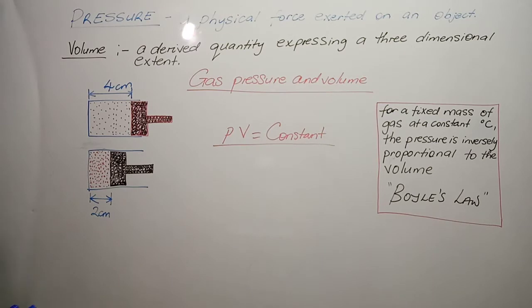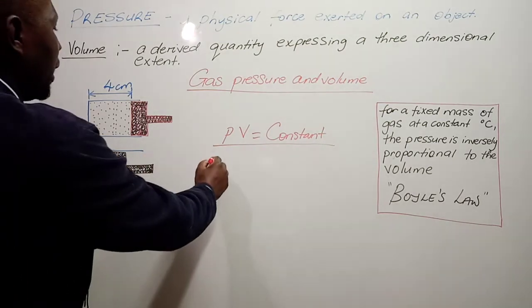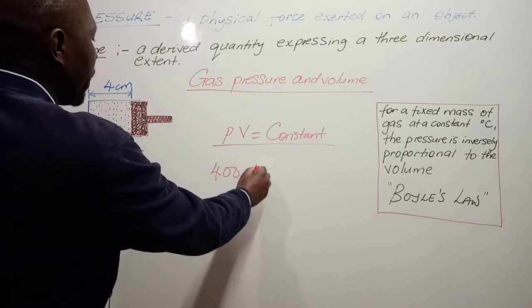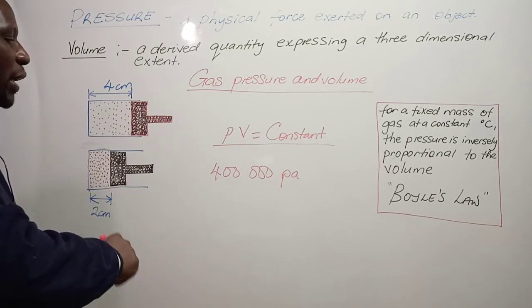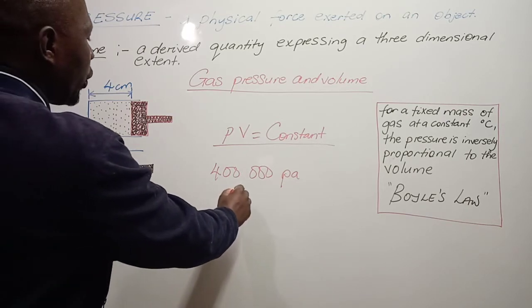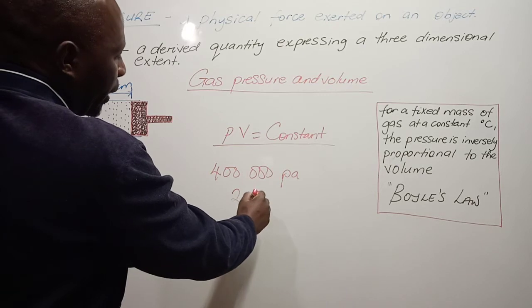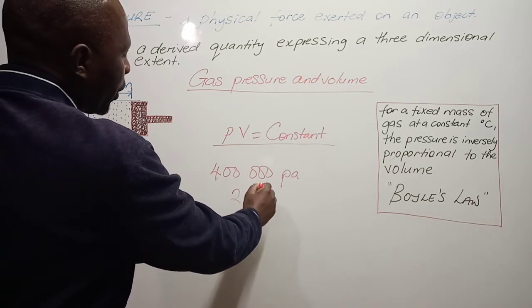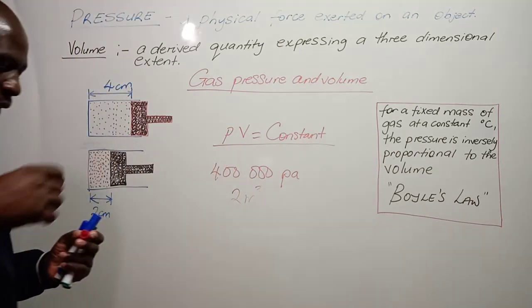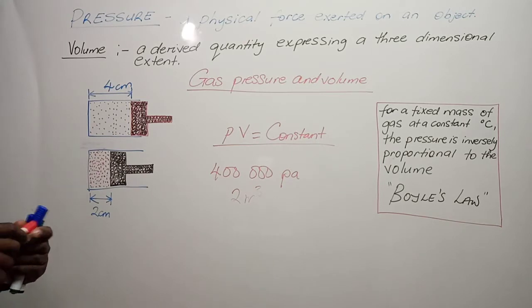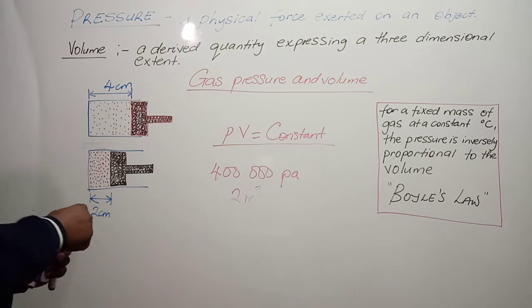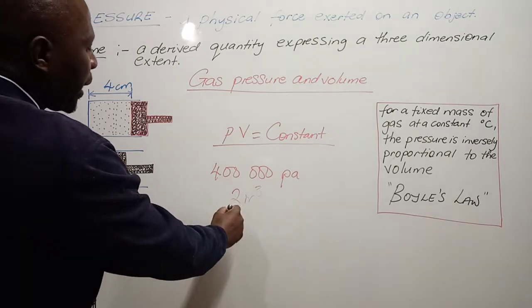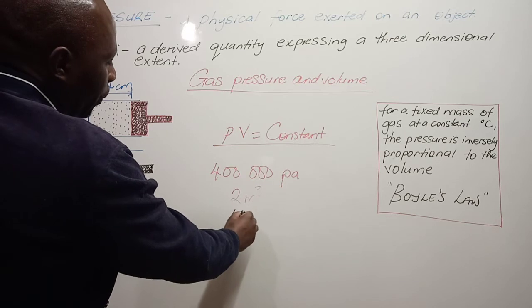So, if we are given a scenario where pressure is 400,000 pascals, and this 400,000 pascals is contained in a space of 2 cubic meters, let us calculate what will be the pressure if the container has been increased to 6 cubic meters.